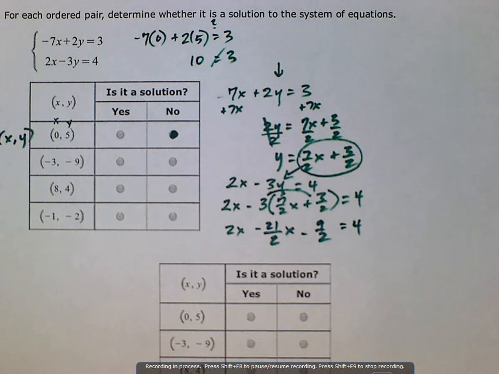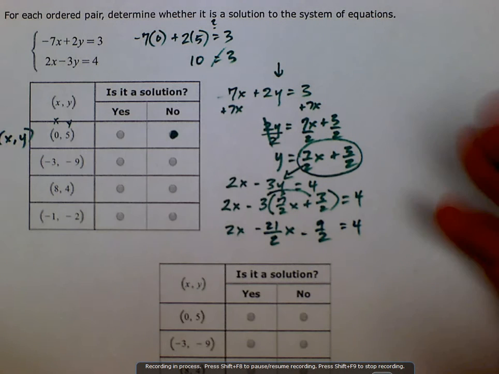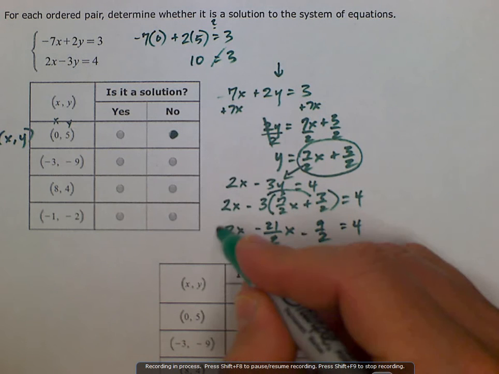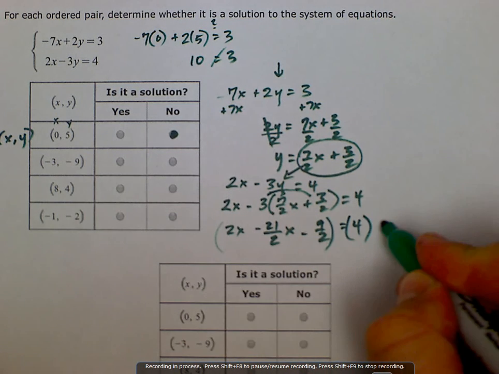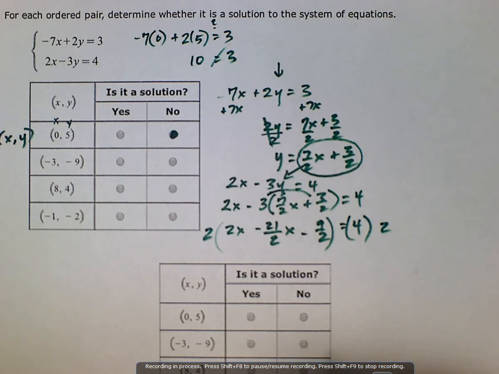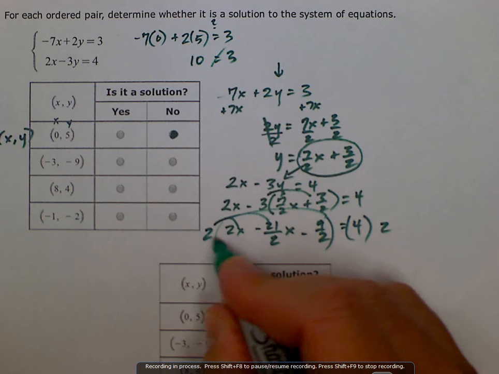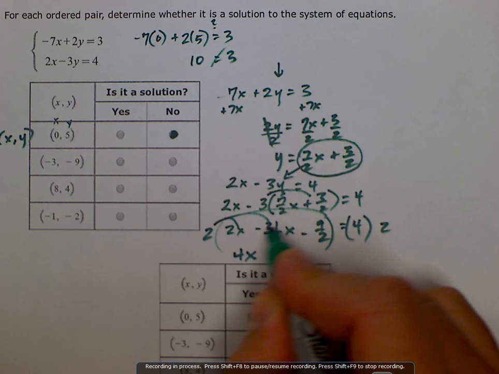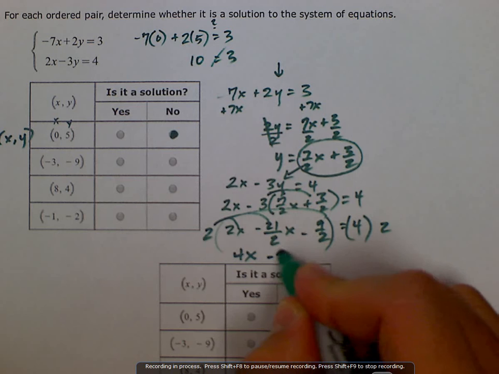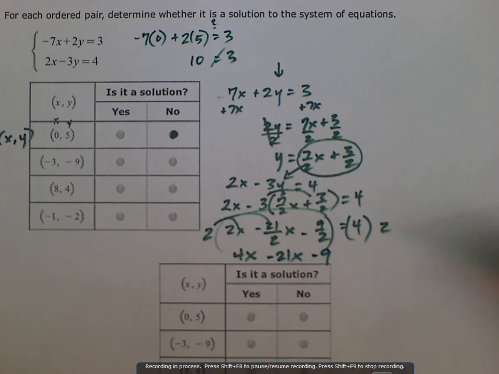Well, then, in order to clear my fractions, because I'm not a fan of fractions, I'm just going to multiply everything by my denominator, 2. And when I do that, I have to distribute in. So this would be 2 times 2x, which is 4x. The 2 here is going to cancel with the denominator, leaving me with a -21x. 2 is going to cancel here with the denominator, leaving me with a 9, is equal to 8.